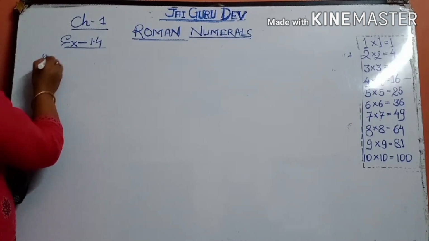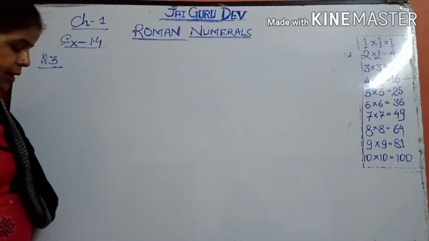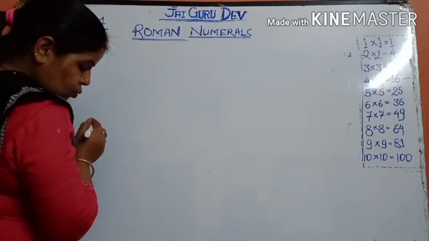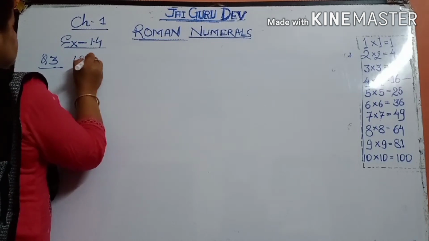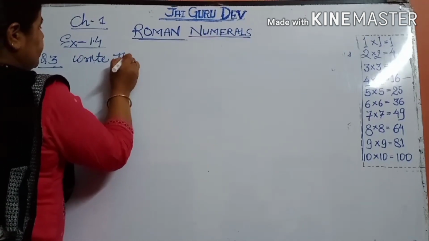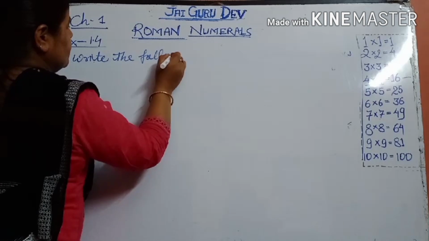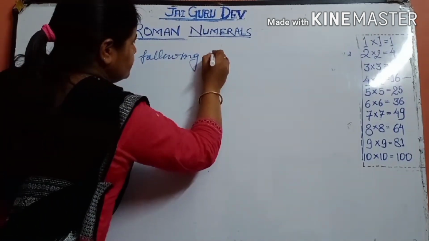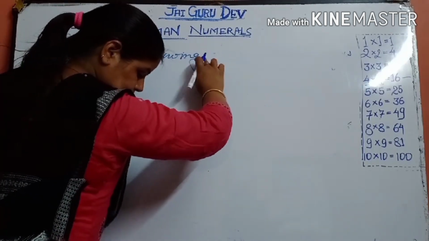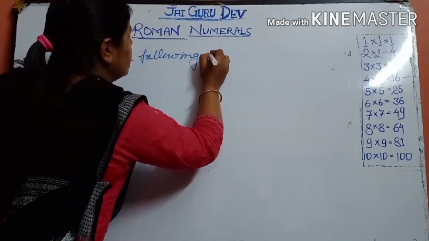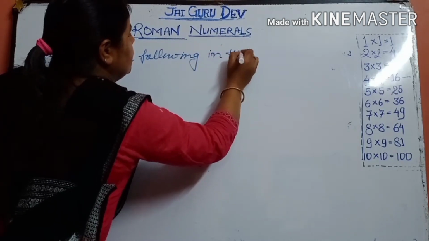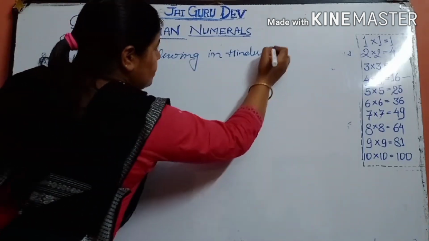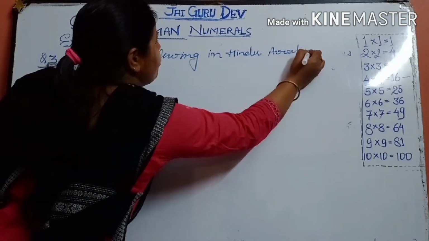Now come to question number 3. This time we have been given Roman numerals and we have to write them in Hindu-Arabic numerals. Write the following in Hindu-Arabic numerals.